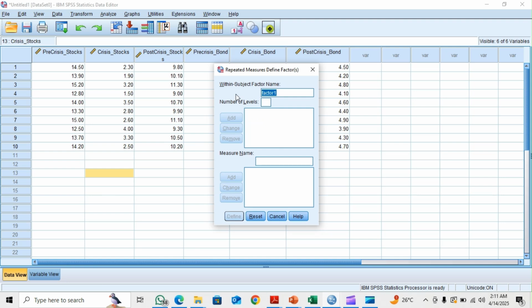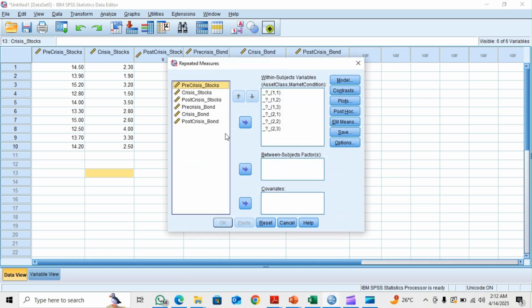I'm going to first put the asset class, we have 2 levels, and the market condition, we have 3 levels. I will define it, then we move these inside like that.